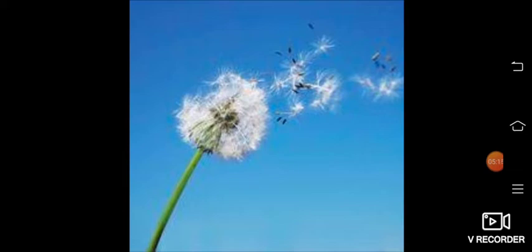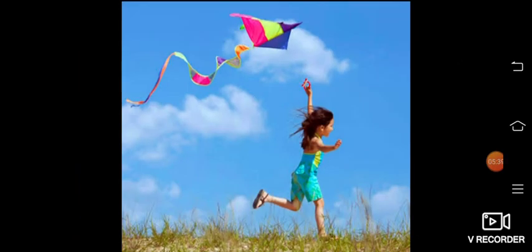Can we see air? Or can we touch? Can we catch? No, we cannot see air, we cannot touch air, and we cannot catch it. Then how can you say that air is everywhere? You can feel it. Look at this picture. The kite is flying over, right? What can you say by looking at this? The air is blowing.